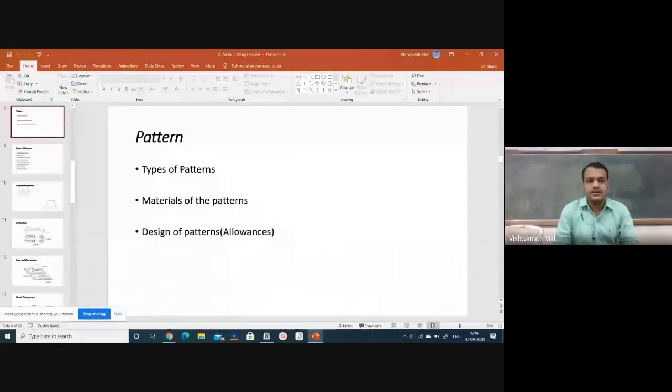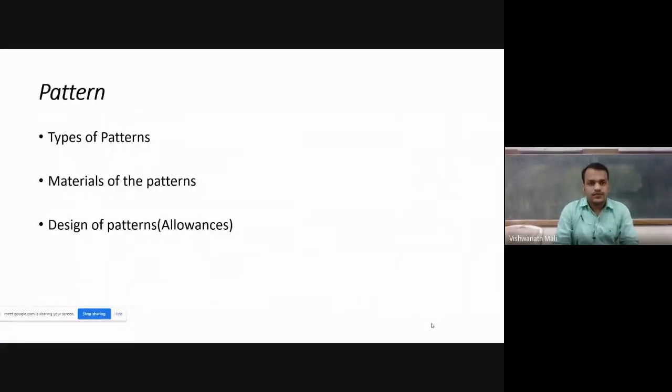So we will start. We are studying patterns. What are the types of patterns we have seen? The materials of the patterns we have already seen, and we are studying the design of patterns, meaning what are the different allowances, and what changes we need to make in the pattern in order to get the required casting.